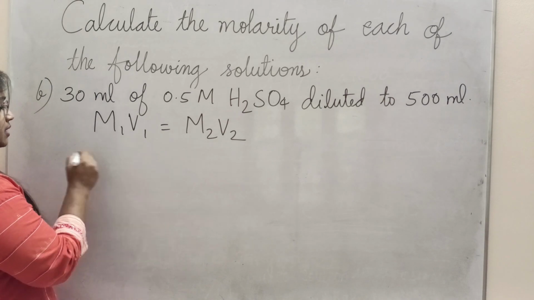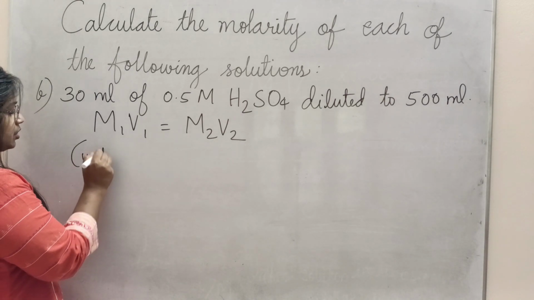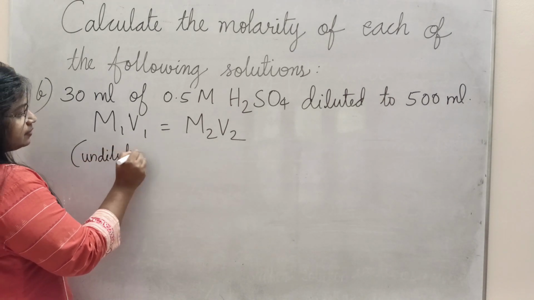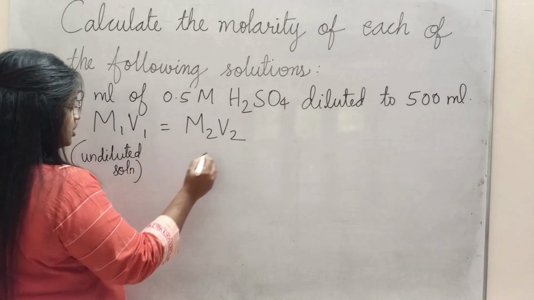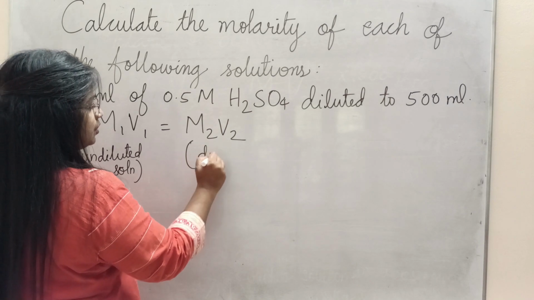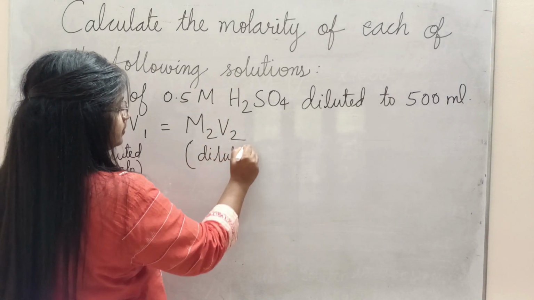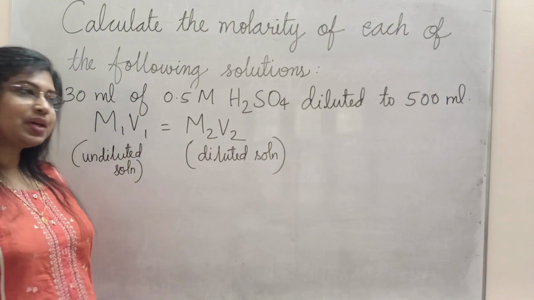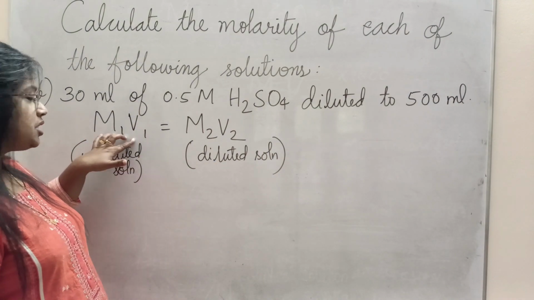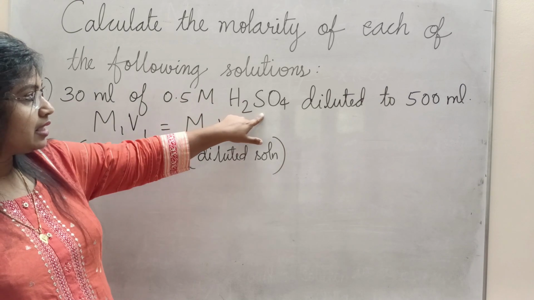So M1V1 stands for the undiluted solution and M2V2 stands for the diluted solution. Okay? Now, before diluting, what was the molarity and volume of the sulfuric acid?